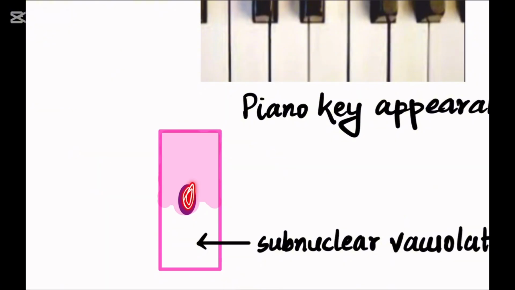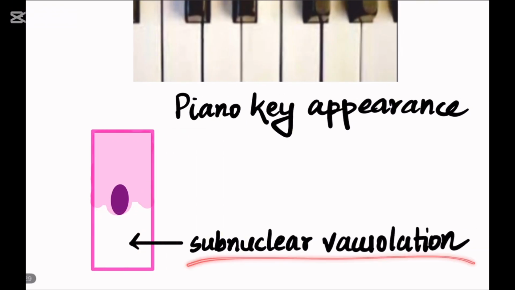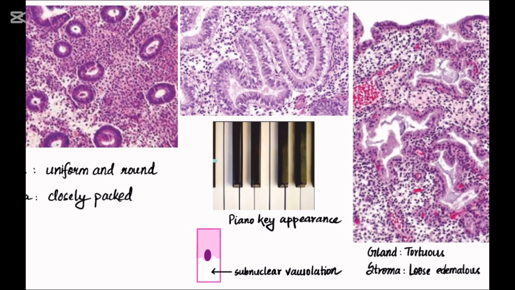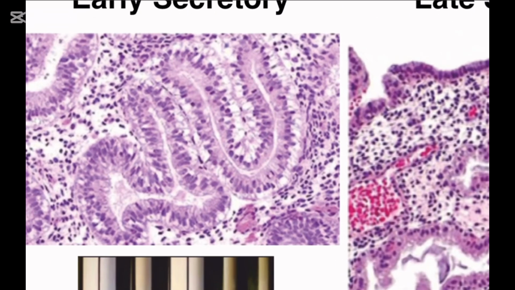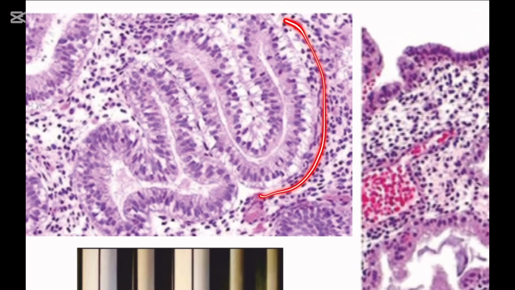There's the nucleus, and just below the nucleus, there's subnuclear vacuolation. Due to this subnuclear vacuolation, the gland gives off a piano key appearance. The dark key, the black key, represents the nucleus, and the white below it represents the subnuclear vacuolation. They look like the keys of a piano.